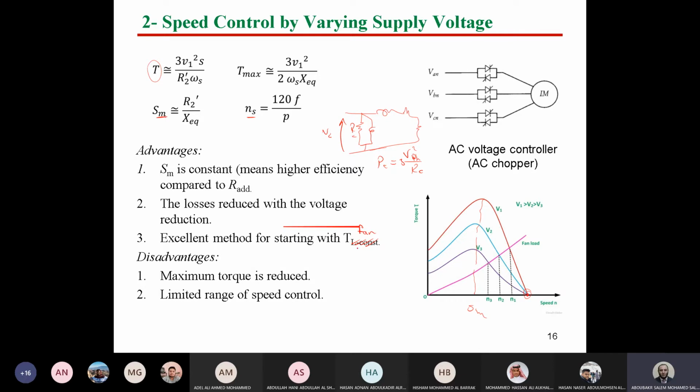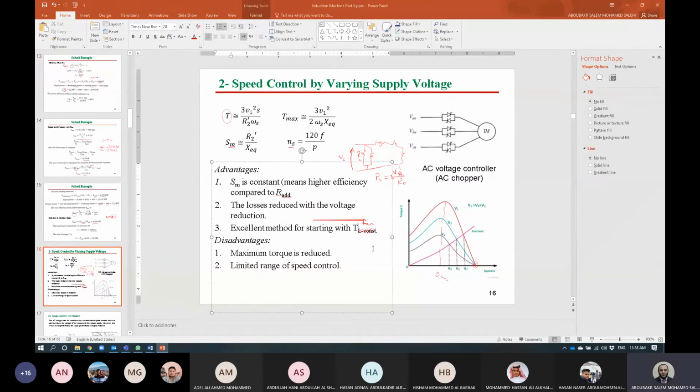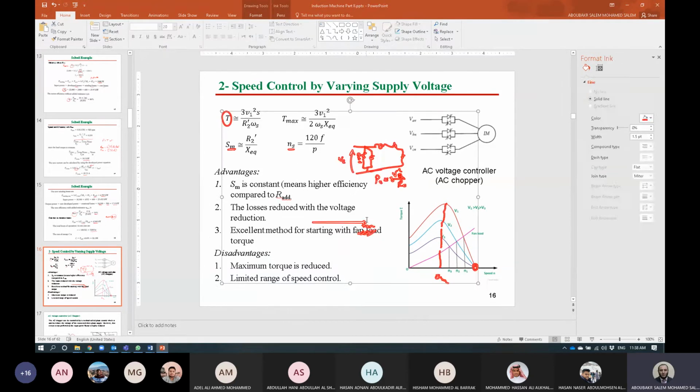So it's excellent for fan load, and let's correct it now. So do not forget fan load torque. Because constant torque will not work properly here.